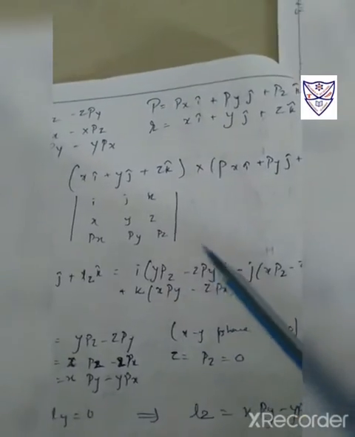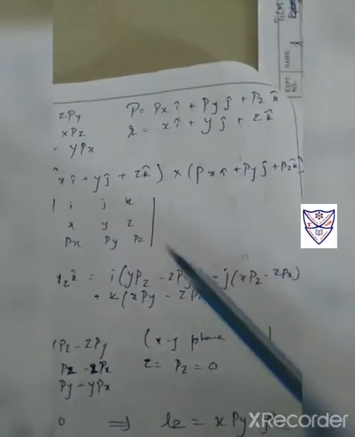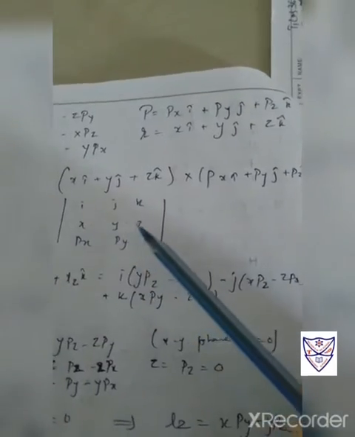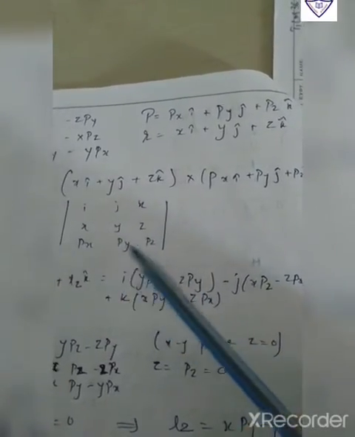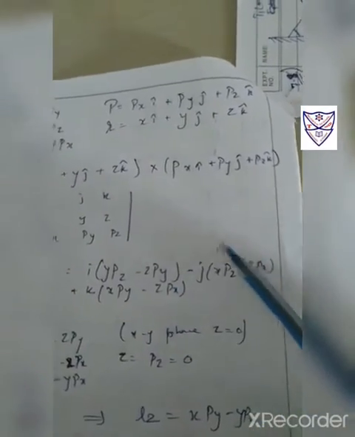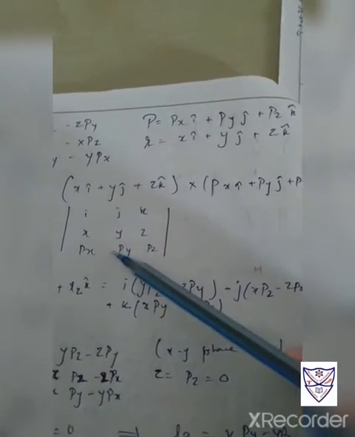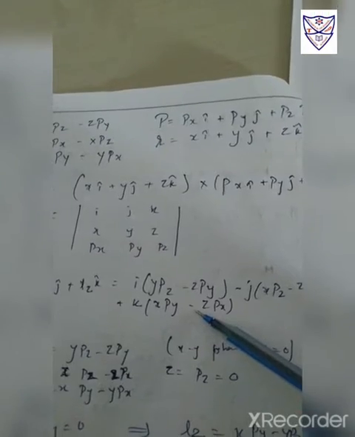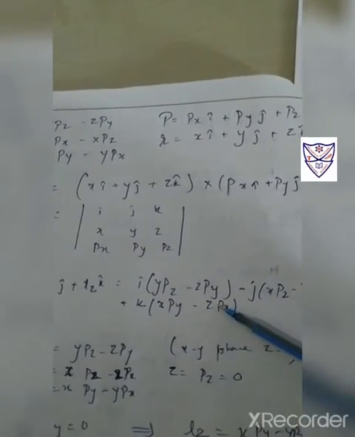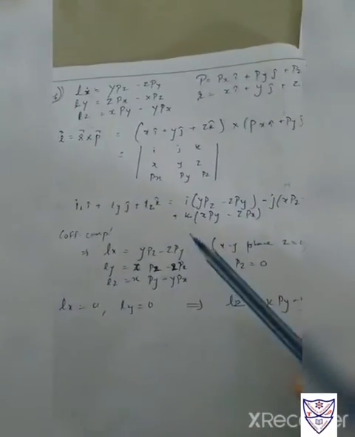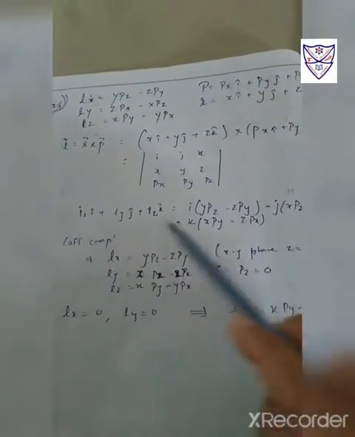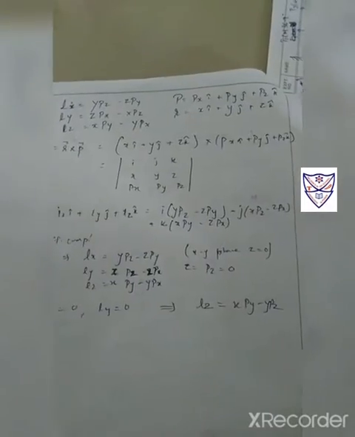Minus second term, ignore the center line and take these two terms. Third one, take k plus k and these two. Use the cross multiplication and subtract it, and you will get this equation for the given condition.